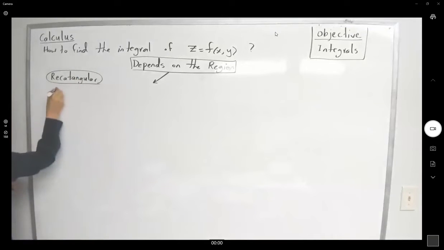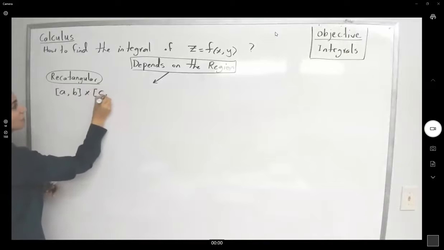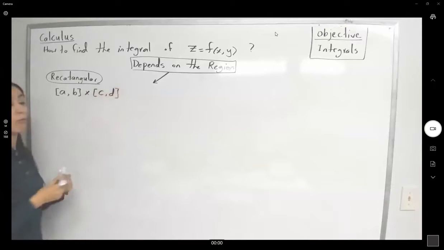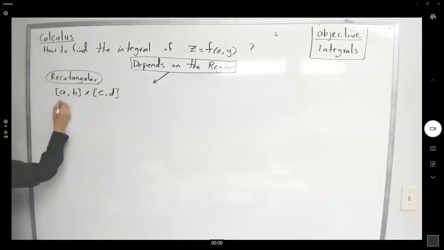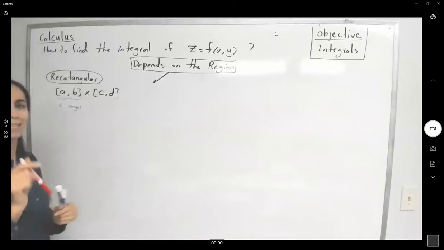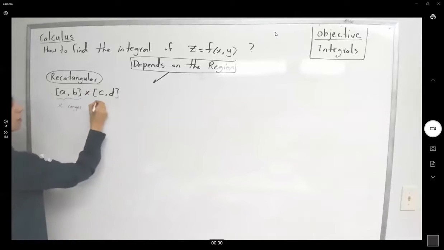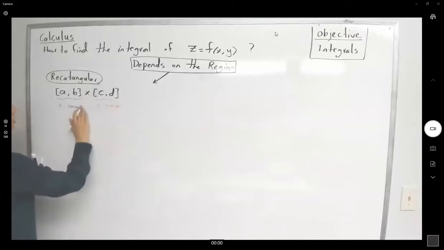It means that region is defined as [a, b] on the x-axis times [c, d] on the y-axis. So your x ranges between a and b, and your y value ranges between c and d. These are just numbers.